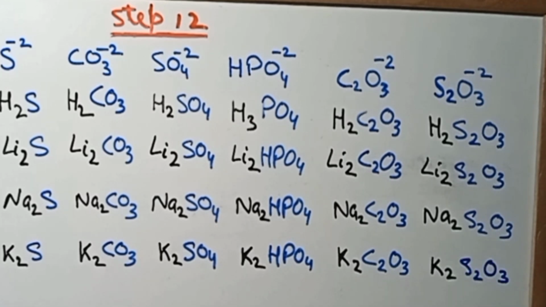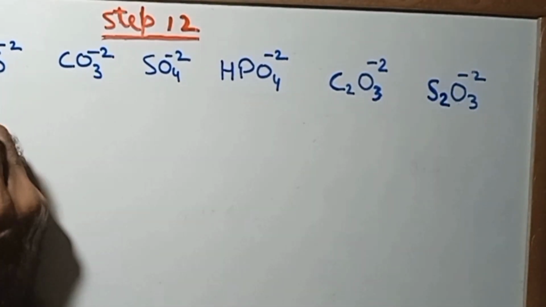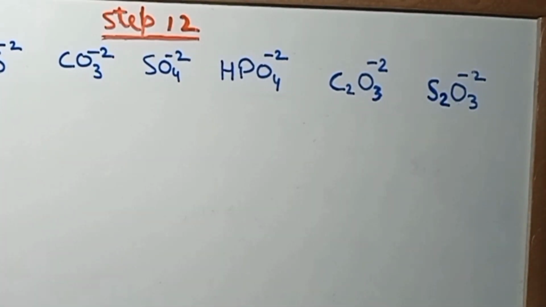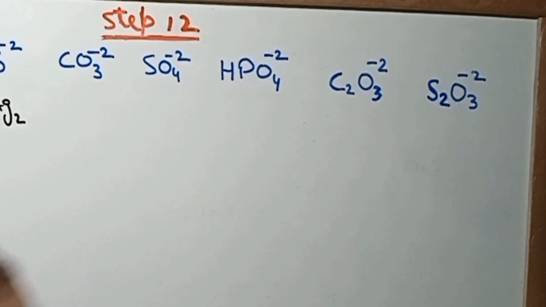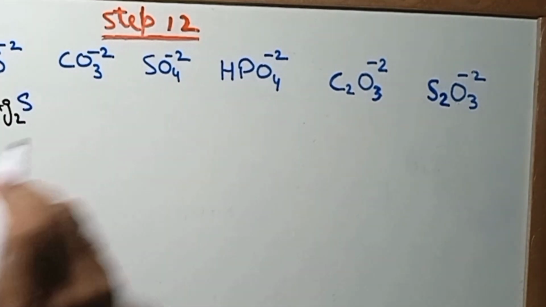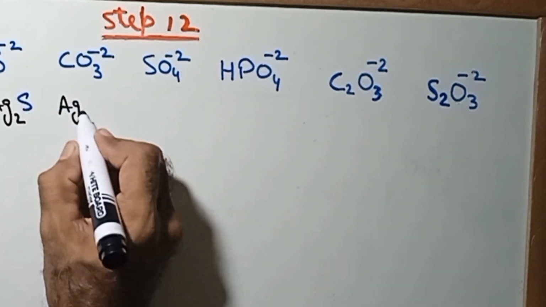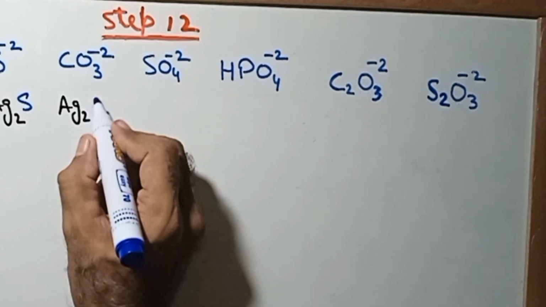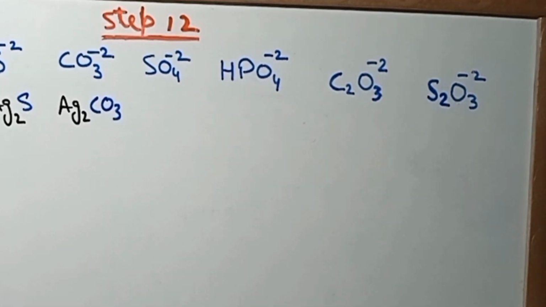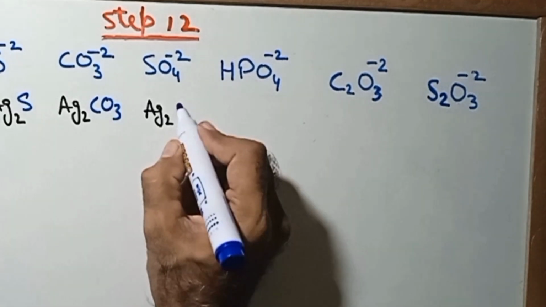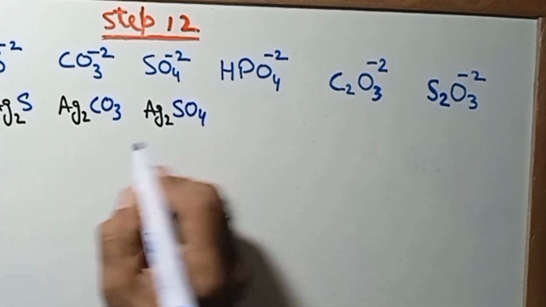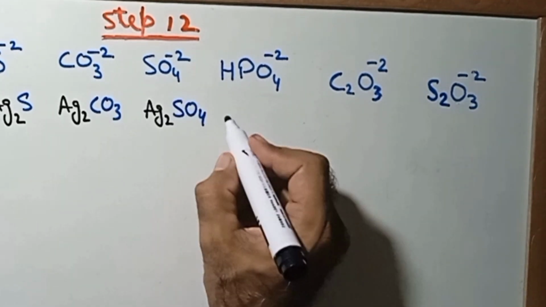K2S2O3, potassium thiosulfate. For silver, you will get Ag2O, silver oxide. Ag2S, silver sulfide. Ag2CO3, silver carbonate. Ag2SO4, silver sulfate.